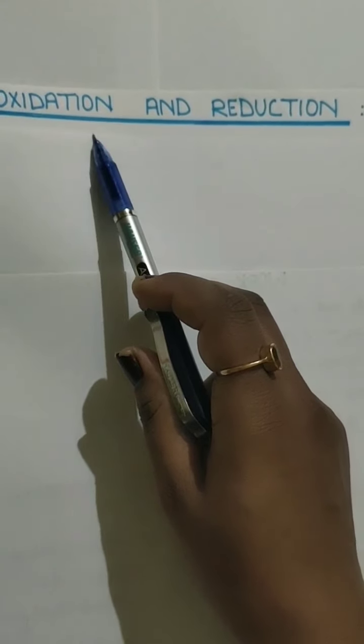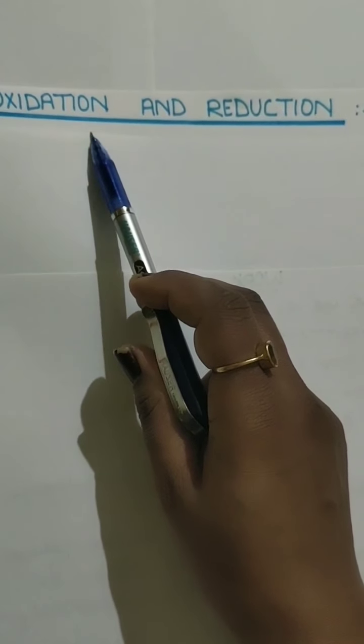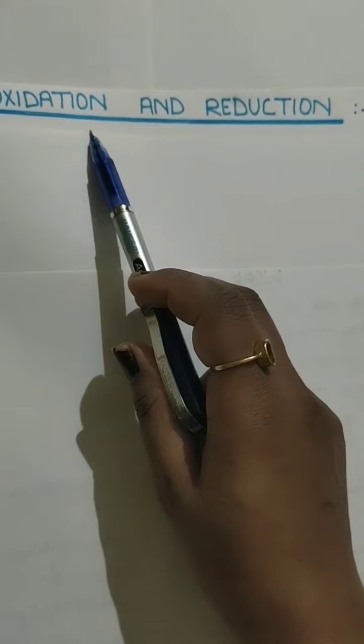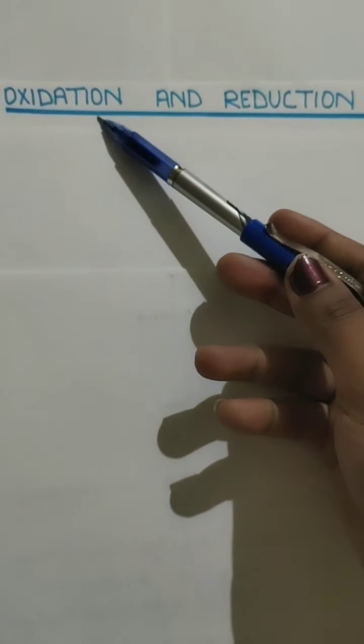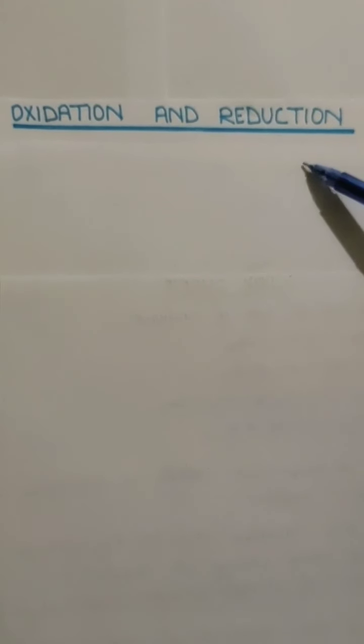Example, when magnesium ribbon is burned in the presence of oxygen, then magnesium oxide is formed. That means that magnesium is oxidized. So whenever there is addition of oxygen, that is called oxidation. Now reduction is when there is removal of oxygen. That means if we remove oxygen from magnesium oxide, then it will be called reduction.